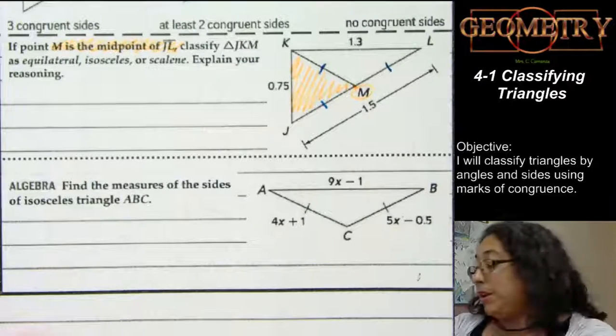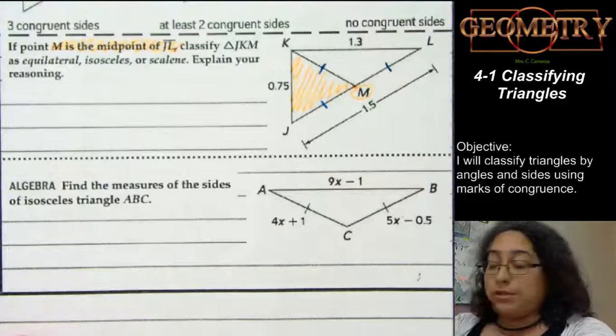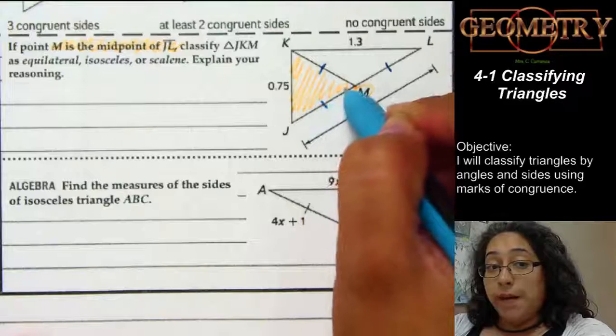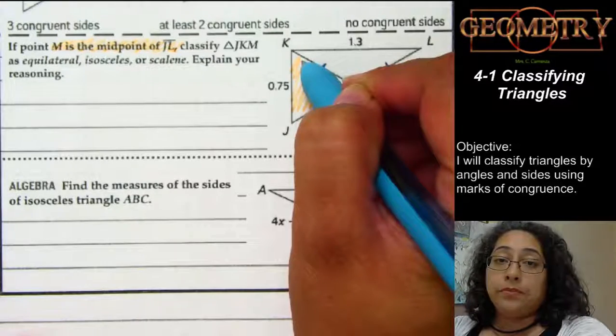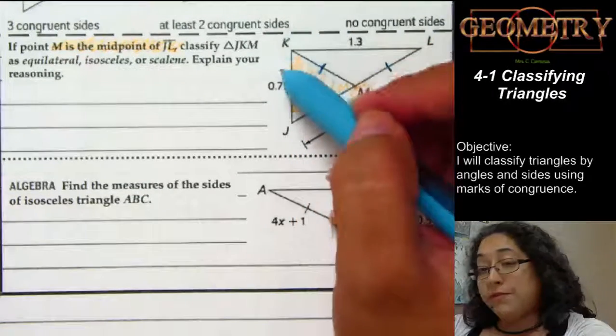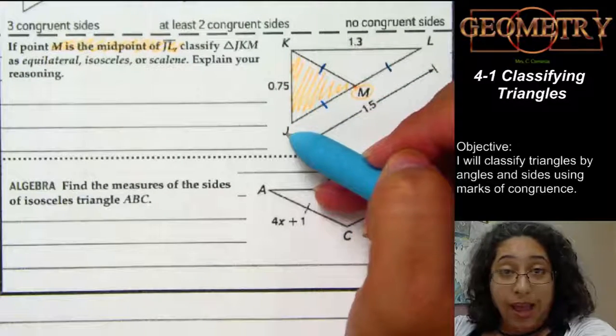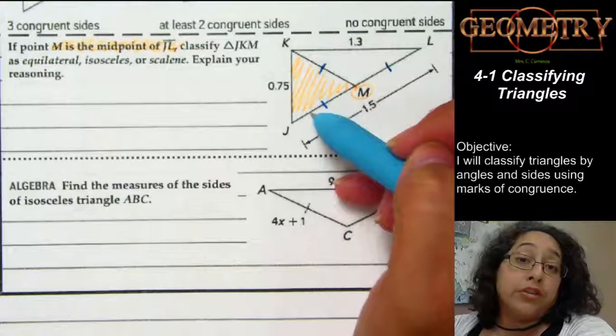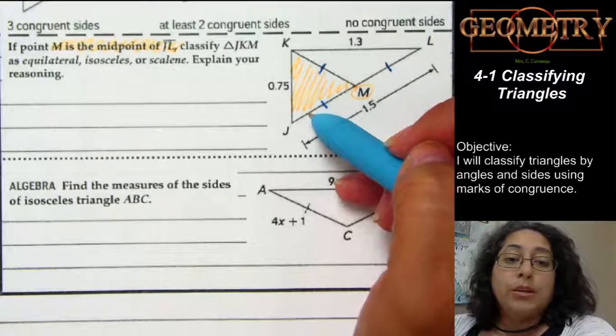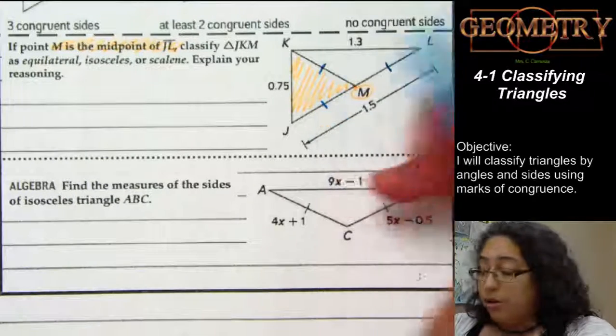And we can say that because we have two congruent sides, side JM and side MK. Now we have to figure out if this final third side, JK, is congruent to the other two. We can do that by their measure.